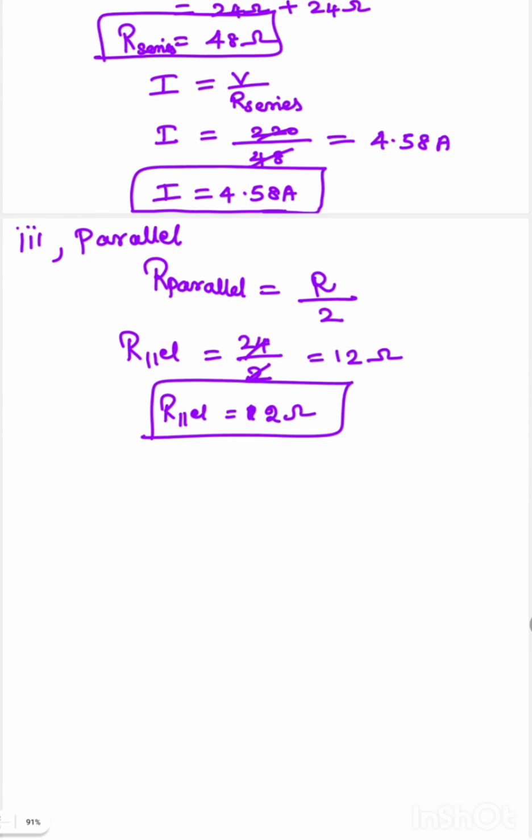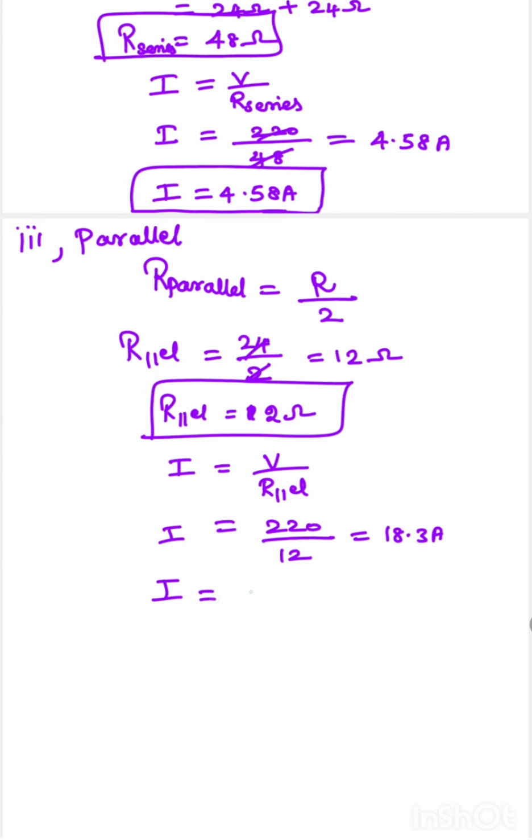So from Ohm's law, I is equal to V by R parallel, which is equal to 220 divided by 12, which is equal to 18.3 amps. So I is equal to 18.3 amps in the parallel combination.